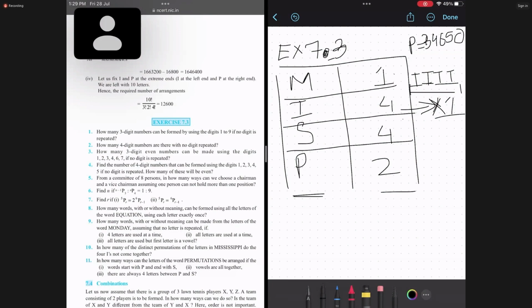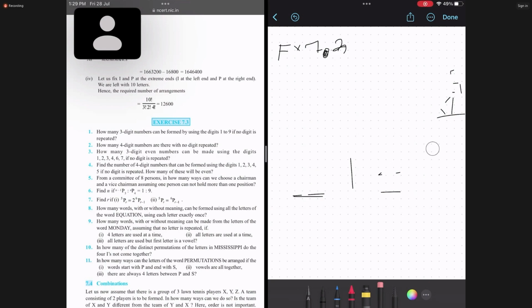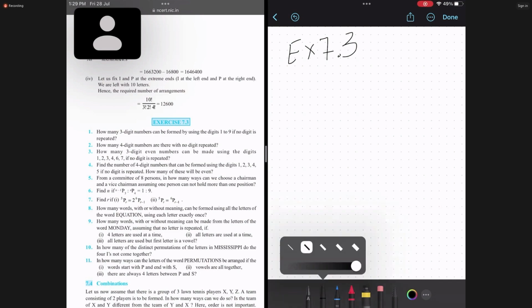Now moving on to the last question of exercise 7.3 that we have up for discussion. Question number 11.